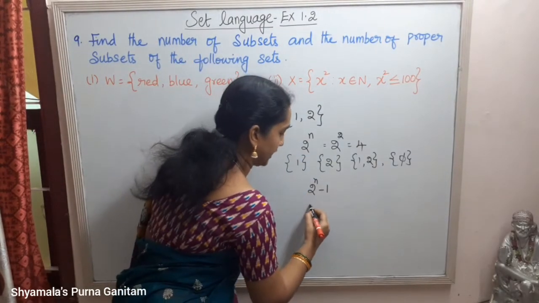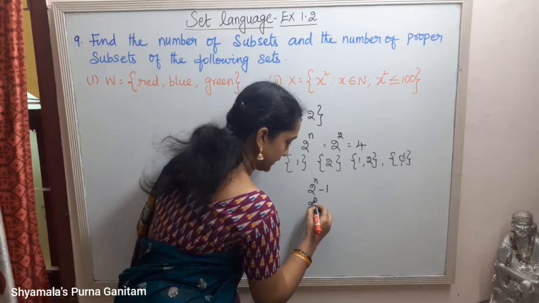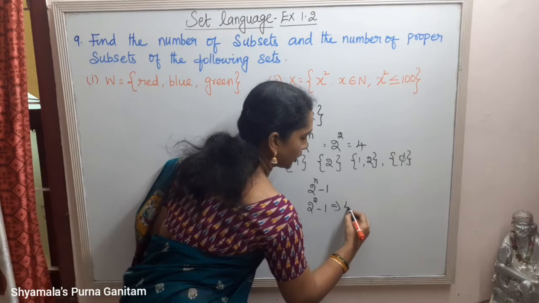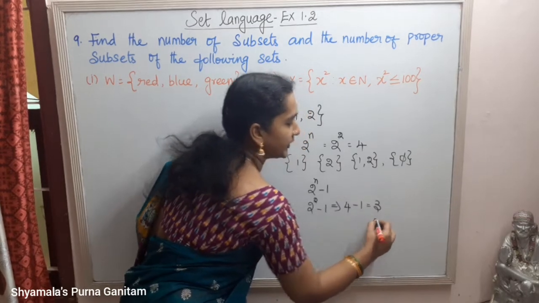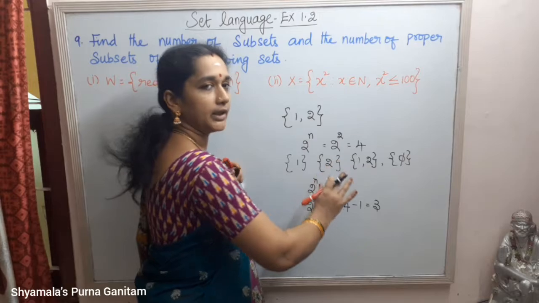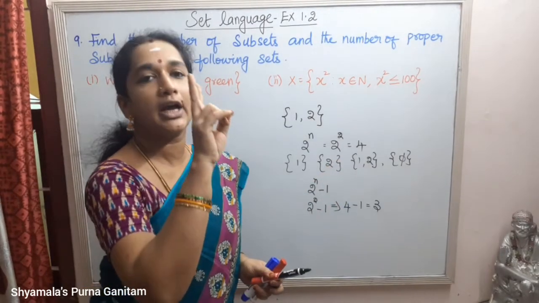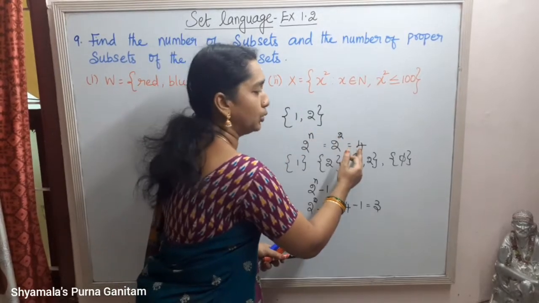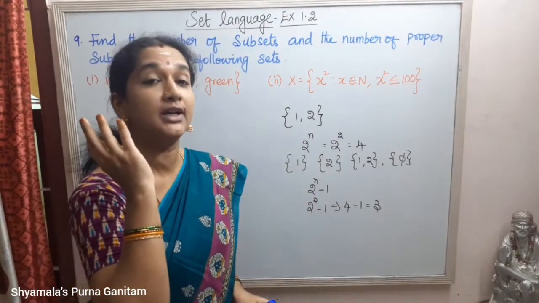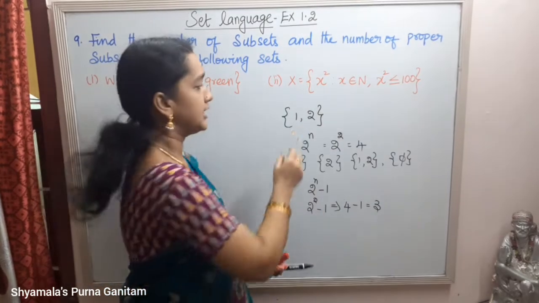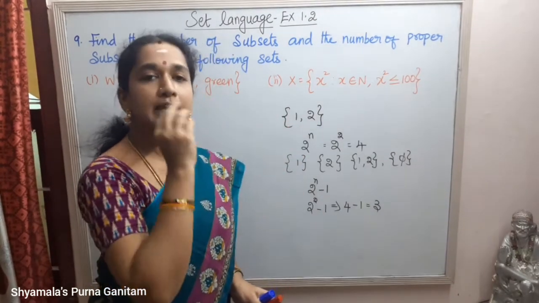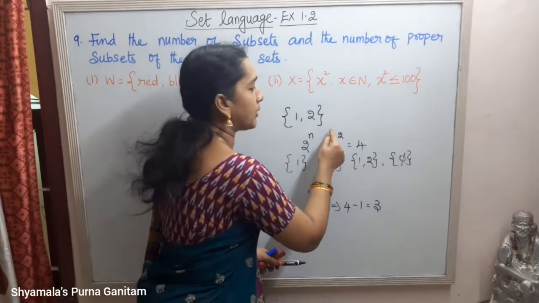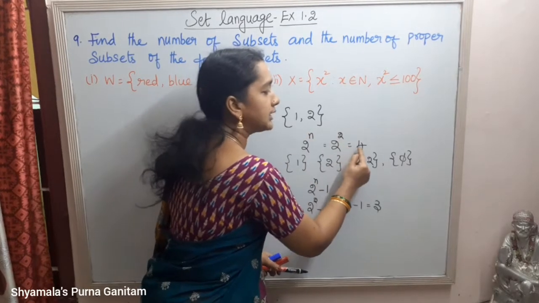So here it is 2 power n. For this set, we will take 2 power 2 minus 1. That is 2 power 2 is 4, 4 minus 1, so you will get 3 for the given set. That is, if you have 2 elements, the number of subsets is 2 power n, that is 2 power 2, equal to 4.